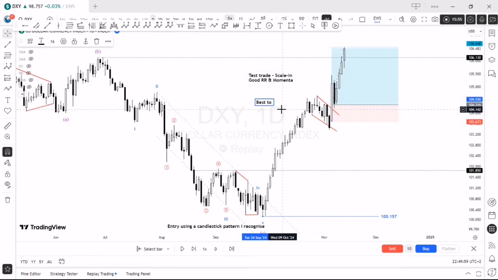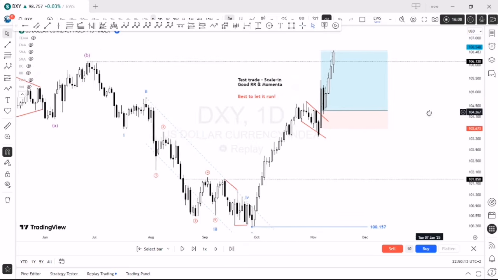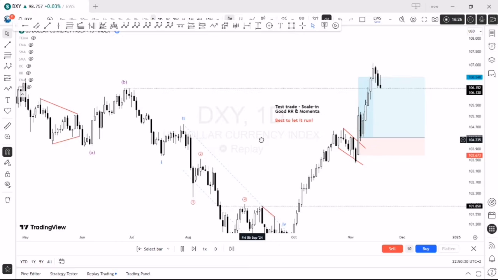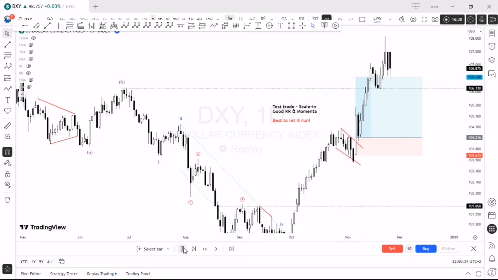So again, we go higher here. If you look at the peak of wave B, that is the origin of wave B, it's normally where a lot of stop losses for short positions are. So again, liquidity for the buyers. Hence, I thought this would be a good initial target level.